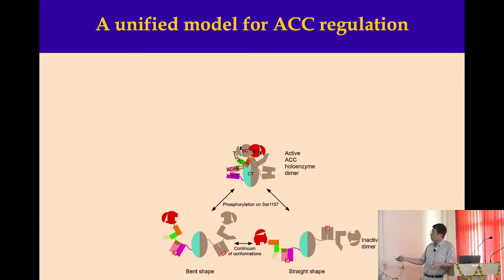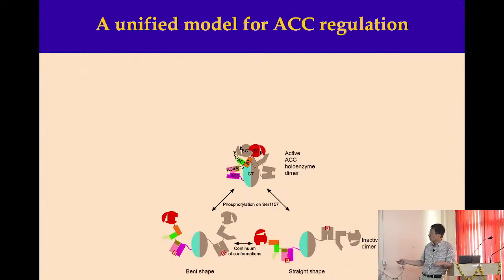As a result, the BC domain dimer falls apart, and the enzyme is inactive. So essentially, in this dimer, CT is a strong dimer, it's stable. The BC dimer is the weakest link. It's very unstable. It very easily falls apart depending on what you do to the enzyme.